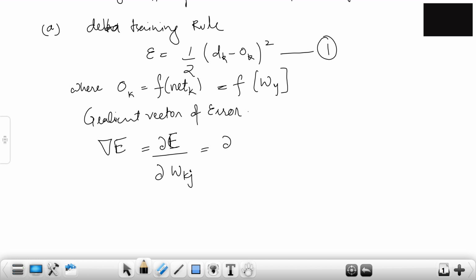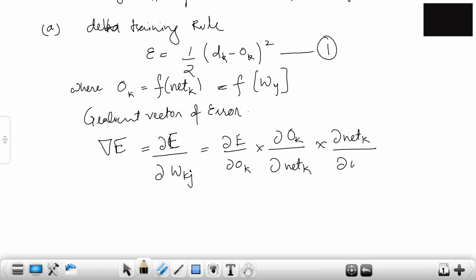This can also be written as dow E upon dow Ok, that's the output, into dow Ok upon dow net k into dow net k upon dow WKJ, using the chain rule. If you remember your mathematics, I'm using the chain rule over here.